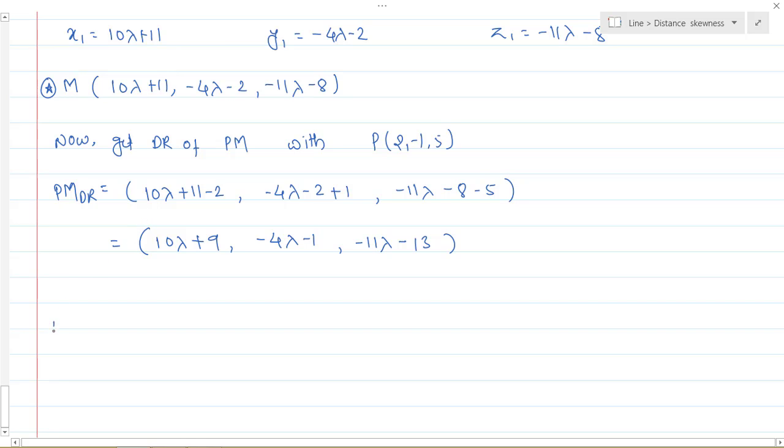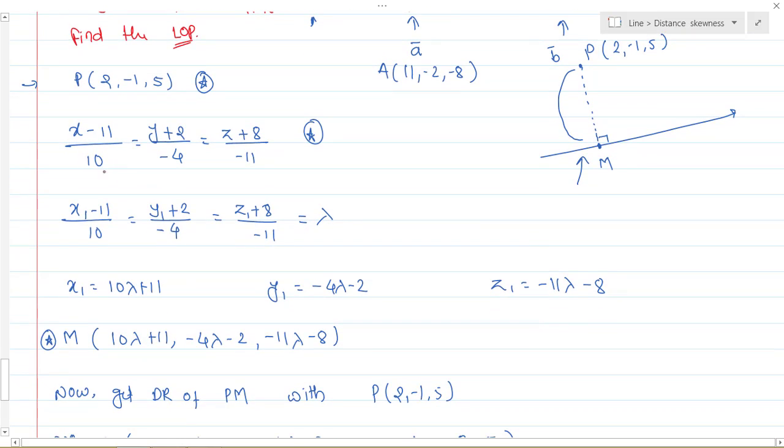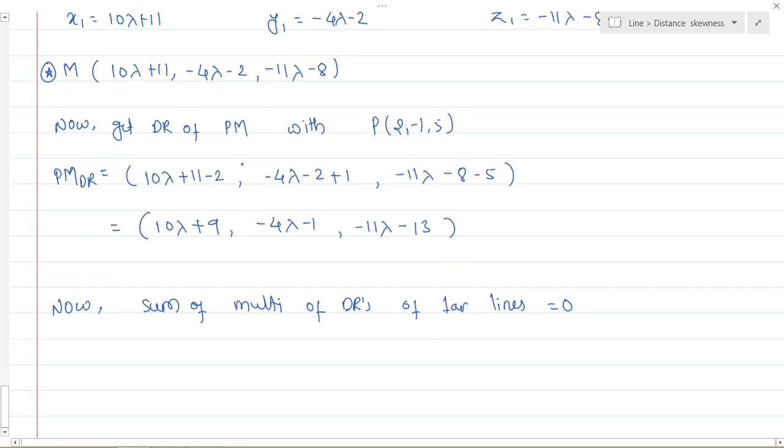Now use the concept that the sum of the multiplication of the DRs of perpendicular lines is equal to 0, with the direction ratio of the given line. What are the direction ratios of the given line?